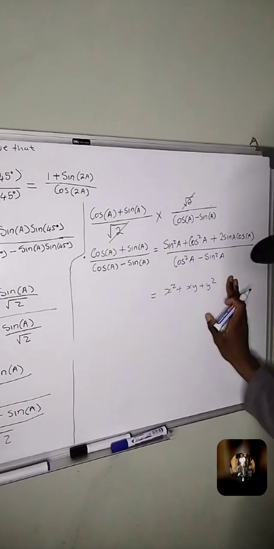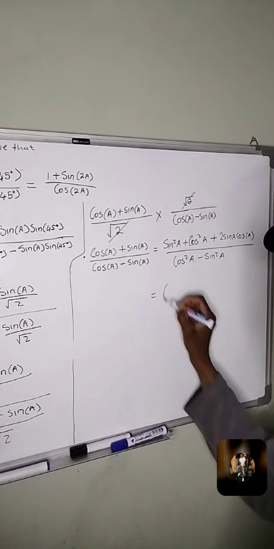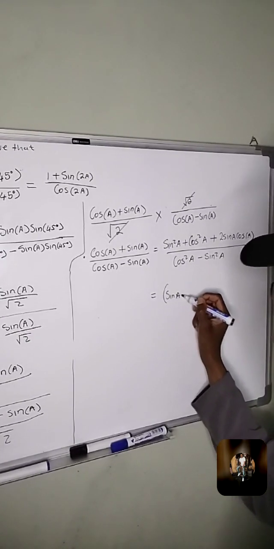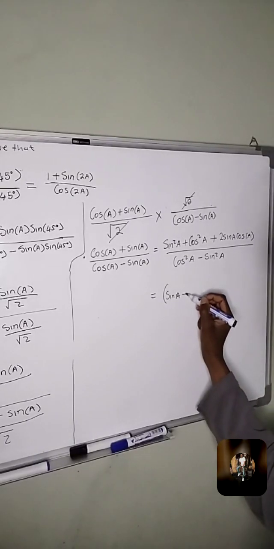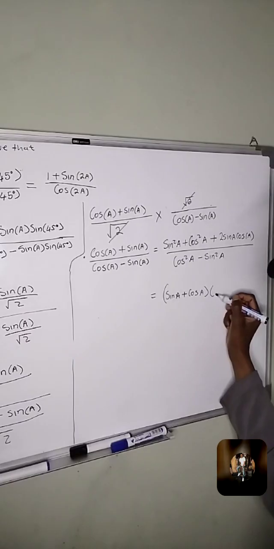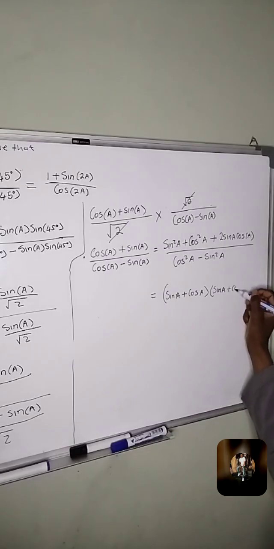So it's going to be sine A plus cos A, and the other bracket will be the same, sine A plus cos A.